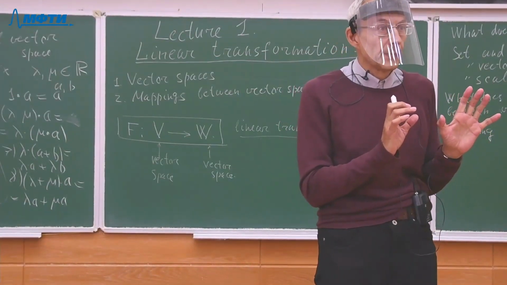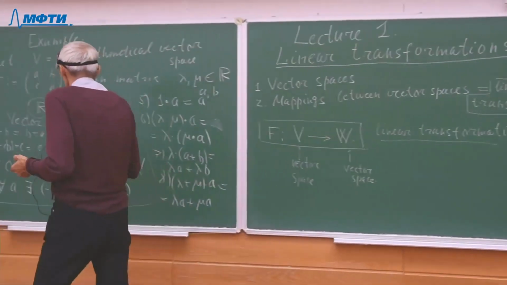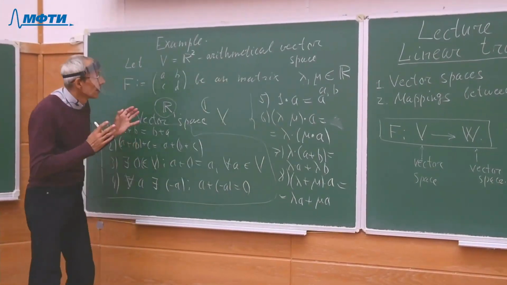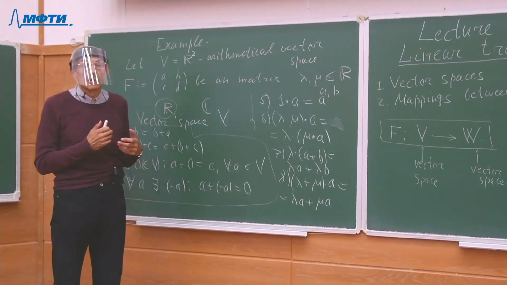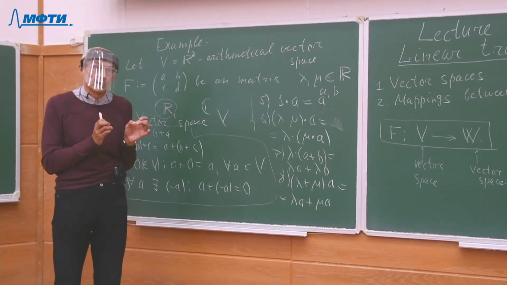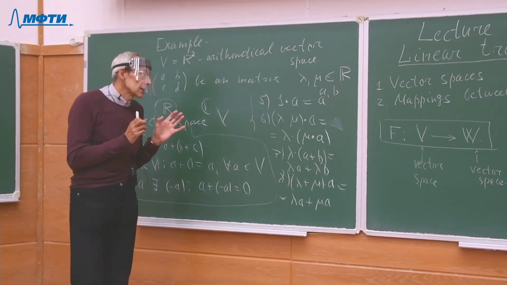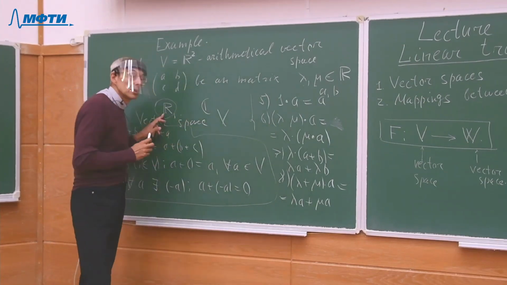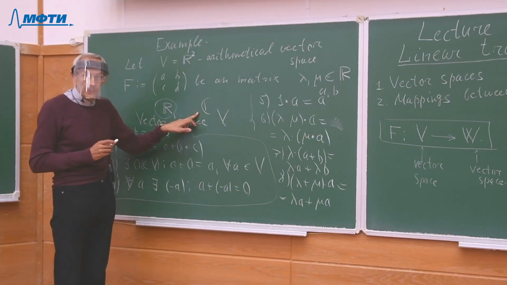What do I mean by saying basic field? It is the first ingredient: when we define a vector space, we start with some ingredient which we call the basic field. In our example, the basic field may be the real number field or the complex number field.